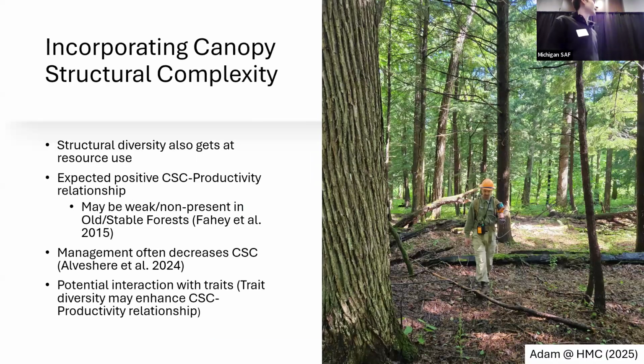Another thing we've done, so this summer I went out with one of these LiDAR scanners and I collected terrestrial LiDAR scans from all of these plots to get at canopy structural complexity, which is another type of diversity. So structural diversity can also be tied to productivity, particularly in younger stands. My undergraduate advisor, in whose lab I worked, had a publication in 2015 from the Dukes RNA looking at whether there was any response to functional diversity in forest productivity.